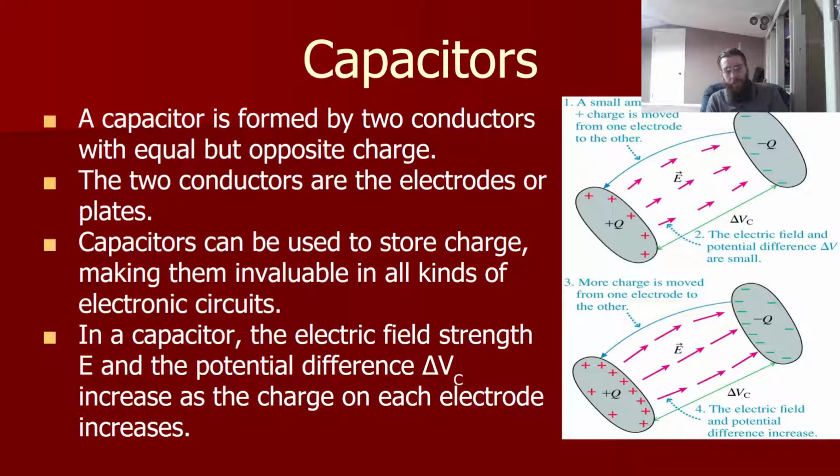We call these two conductors the electrodes, or sometimes plates. The whole point of a capacitor is to store the charge, which makes it invaluable in many different types of circuits.